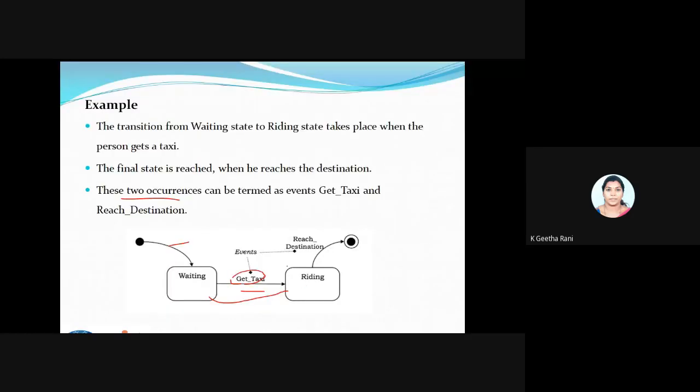At the same time, he is riding, that is one state. The final state is when he reaches the address, so reach destination will be the event.